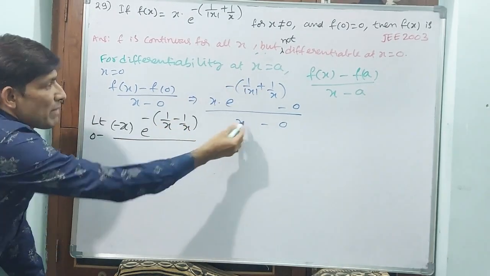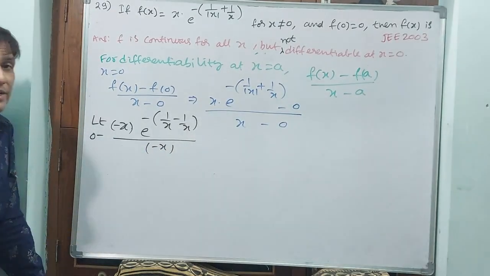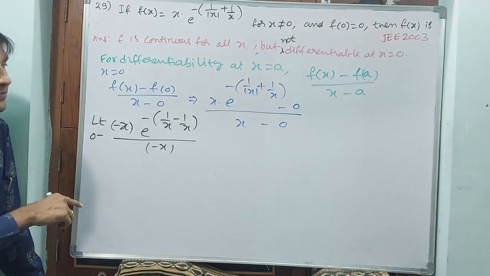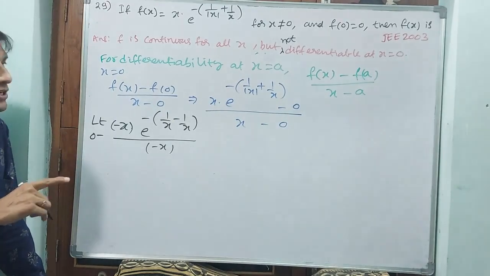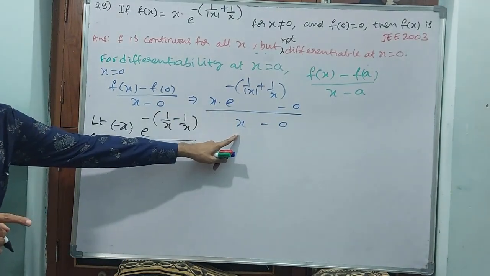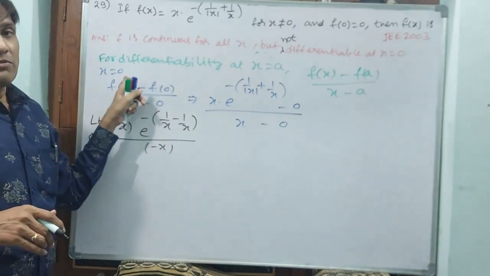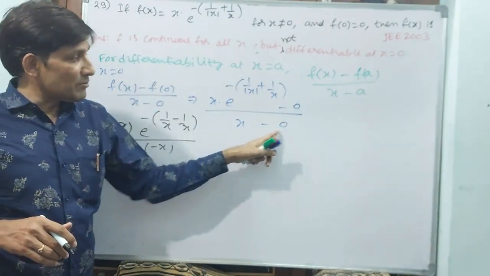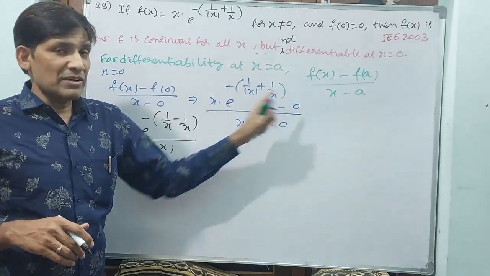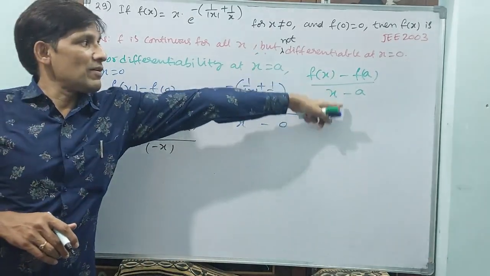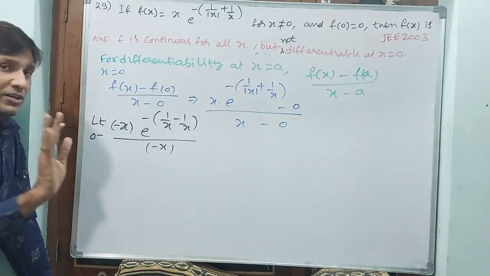But here again minus x will come. That is the specialty in this differentiability. See, earlier only continuity we have seen, denominator x was not there. If at all x is not equal to 0, if something is there, that something will come as x minus a. Here also that something will come, x minus a, f of a, x minus a. But here that is not the case.